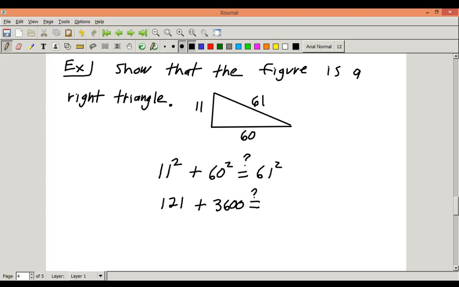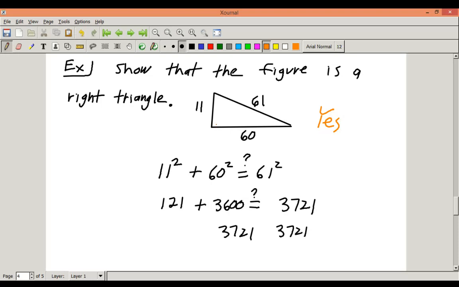Question mark, 61 squared. Let's do that on the calculator. 61 squared is 3,721. So notice when you add the 2 numbers on the left side, you get 3,721. So the answer to this is yes, that is a right triangle.